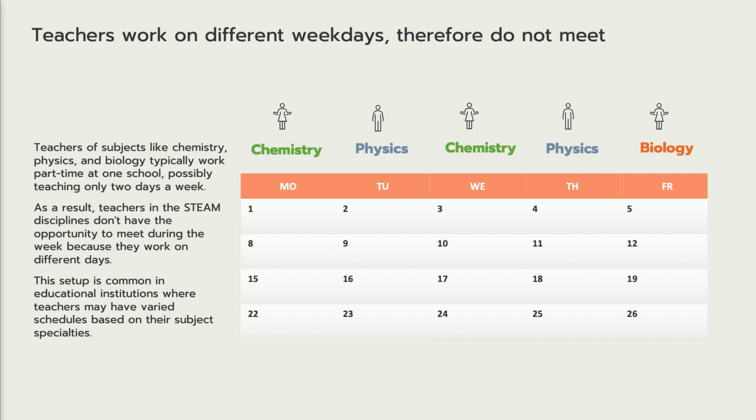Let's say the chemistry teacher can come on Mondays and Wednesdays, physics Tuesdays and Thursdays. So basically during the whole year, they don't see each other. Of course, we can have some Zoom calls for administrative reasons, but we do not chat to understand what the literature teacher is going through that week, what they are teaching in the classroom.